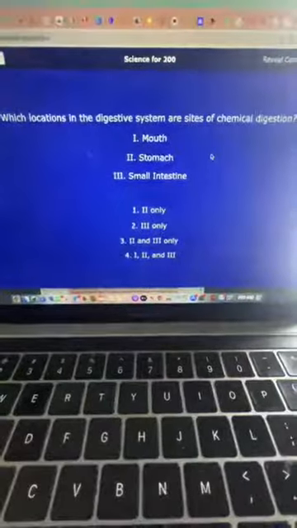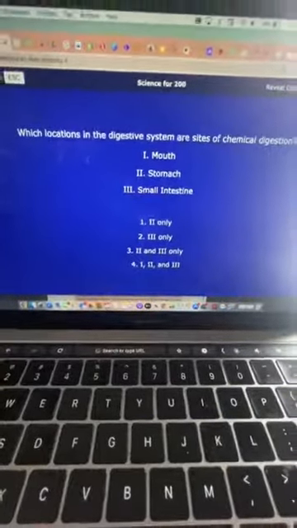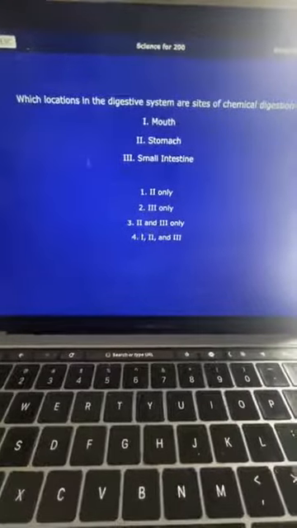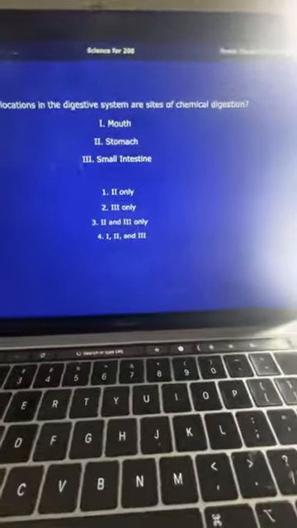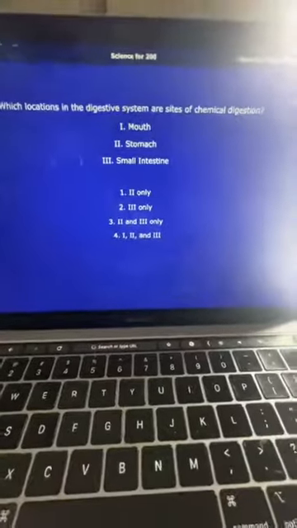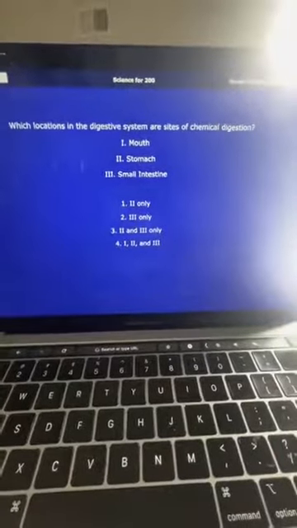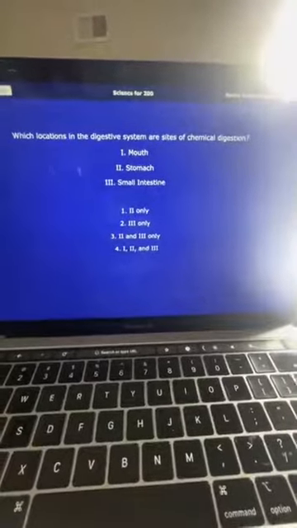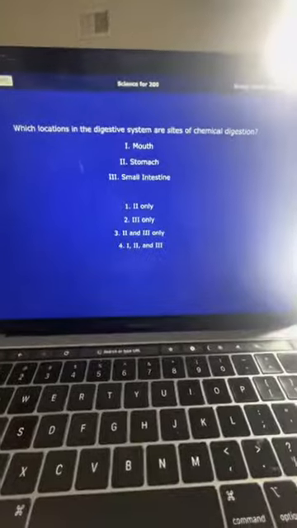Hold on, those aren't the answer choices. That's why I said it's weird. One second. All right, look, that is our question. It's "which locations," so this may be one location, or maybe a combination of these. Which locations in the digestive system are sites of chemical digestion? Mouth, stomach, and/or small intestine.